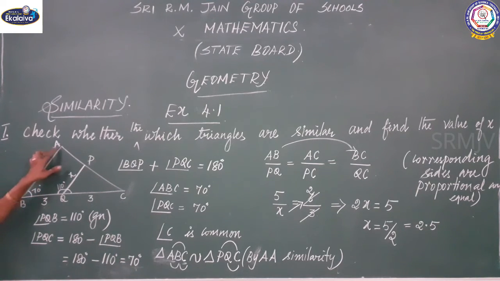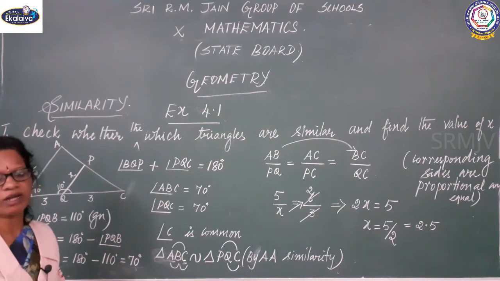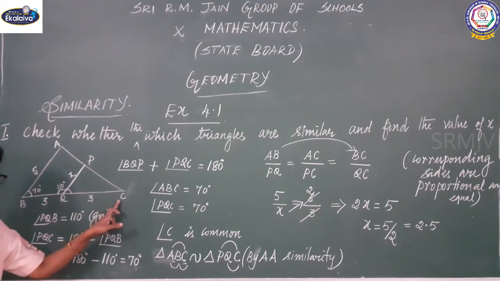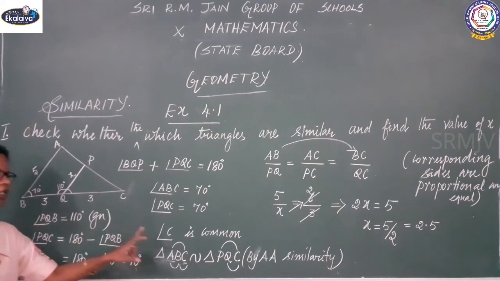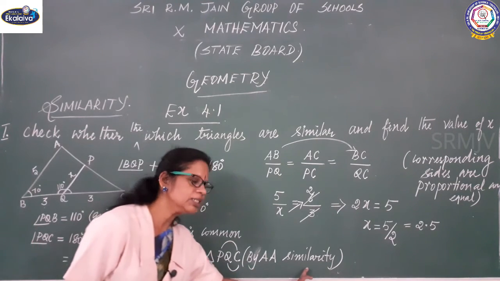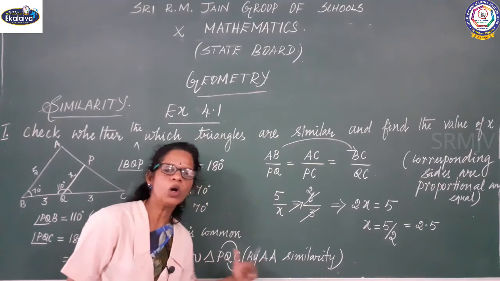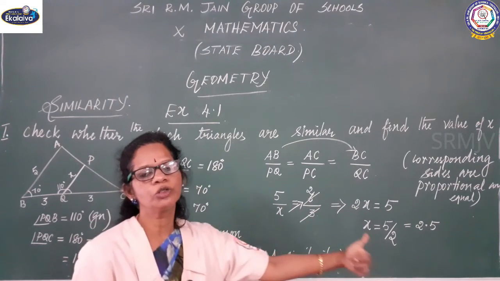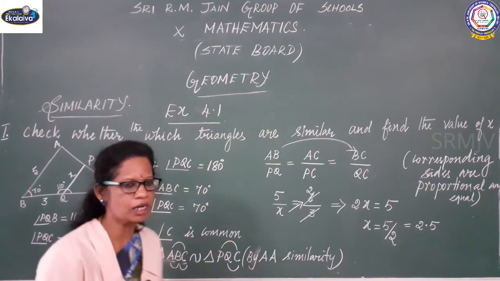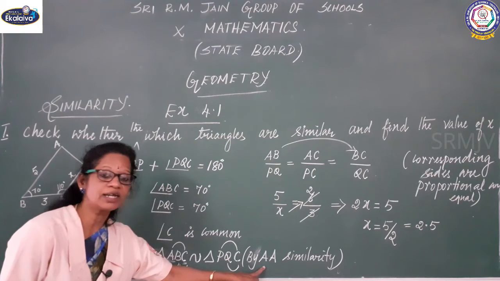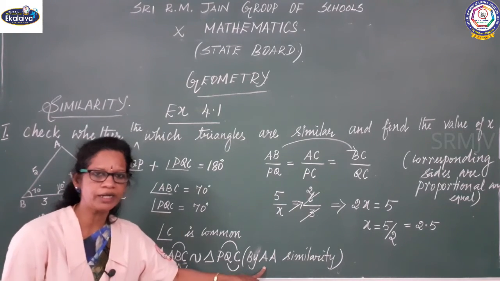Then I said angle ABC equals angle PQC equals 70 degrees. Angle C is common, right? Two things are there. AA similarity. Two angles of a triangle are equal to two angles of another triangle, I proved. Then I considered the criteria is AA similarity.